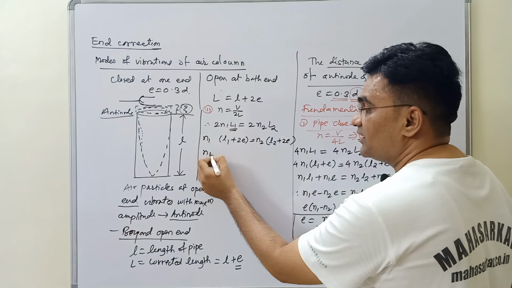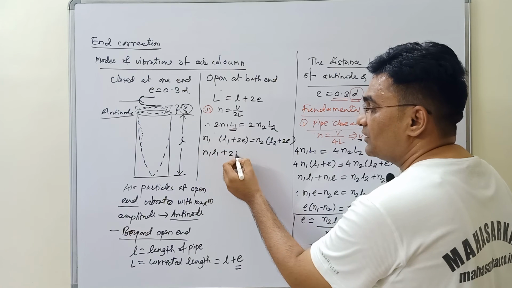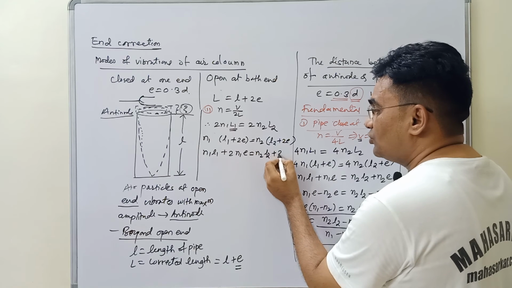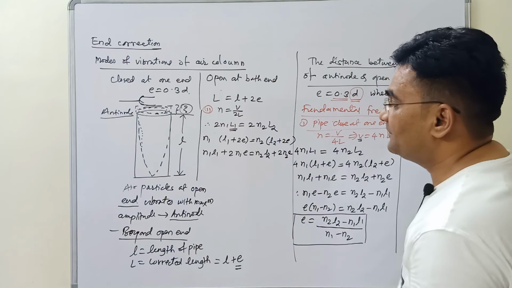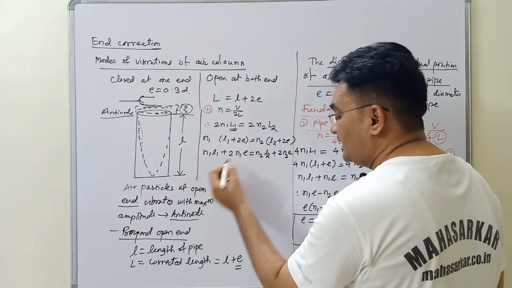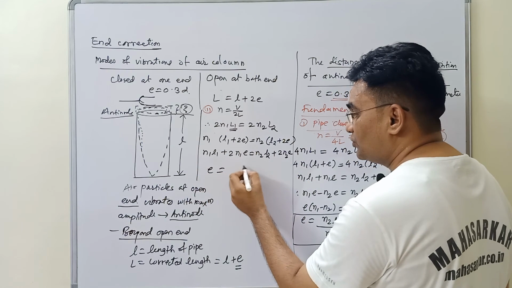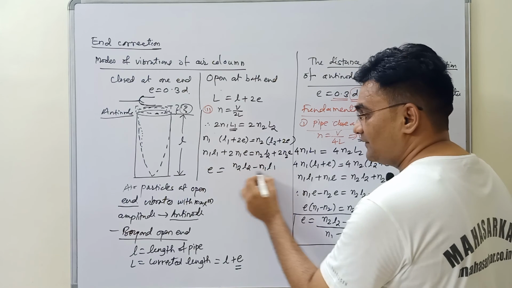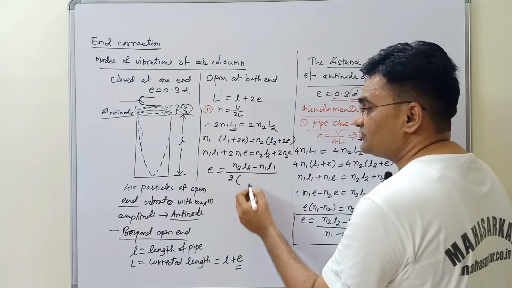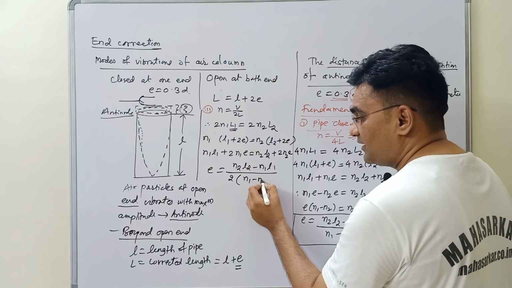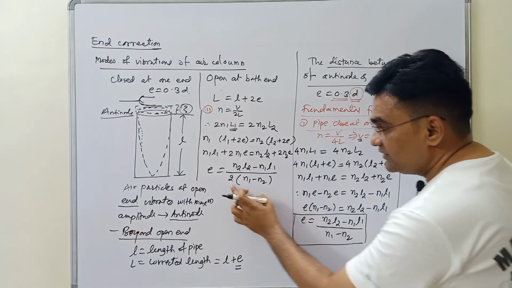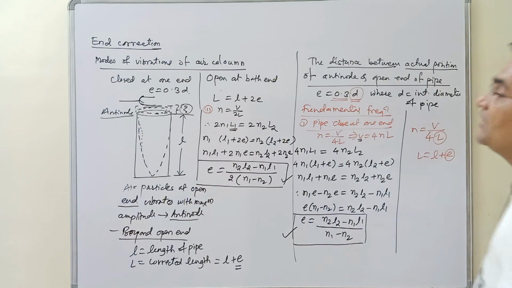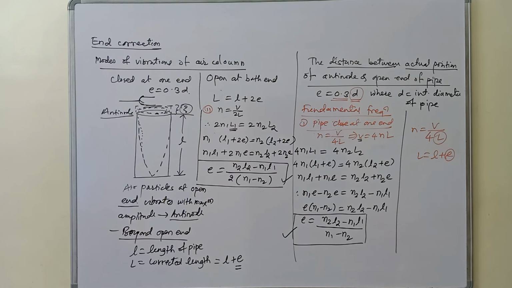After simplification, N1 L1 plus 2 N1 E equals N2 L2 plus 2 N2 E. Rearranging the terms, E equals (N2 L2 minus N1 L1) divided by 2 times (N1 minus N2). As you can see, this formula is half of the previous one.